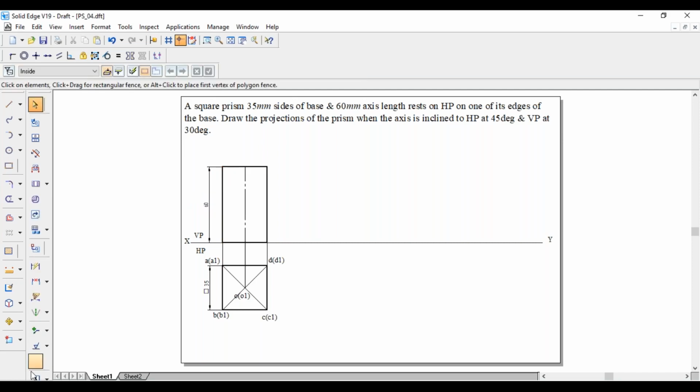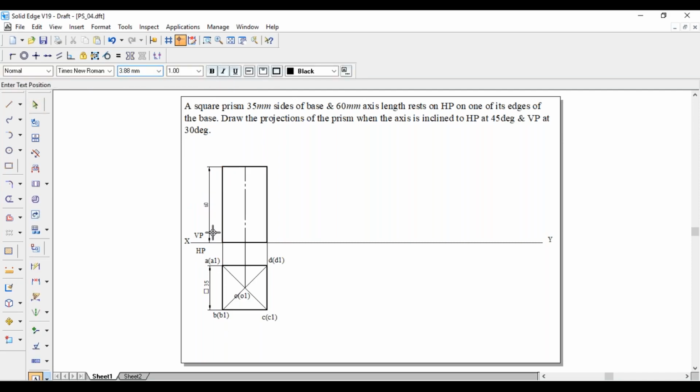So B1 is visible, A1 is invisible, so it will be B1 dash in the bracket A1 dash. Similarly, C1 is visible, D1 is invisible, so C1 dash in the bracket D1 dash. Similarly, B dash in the bracket A dash, and this one is C dash in the bracket D dash.